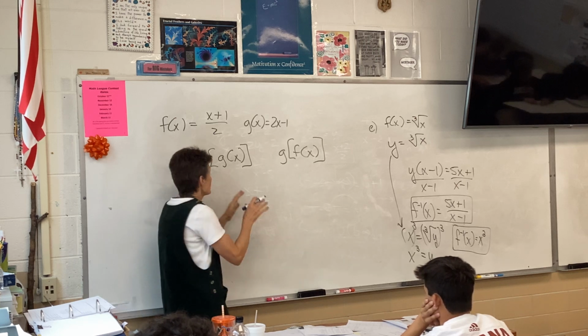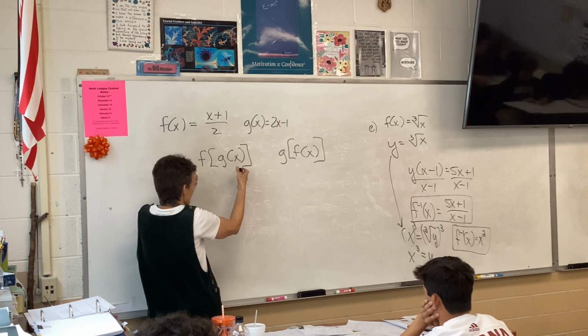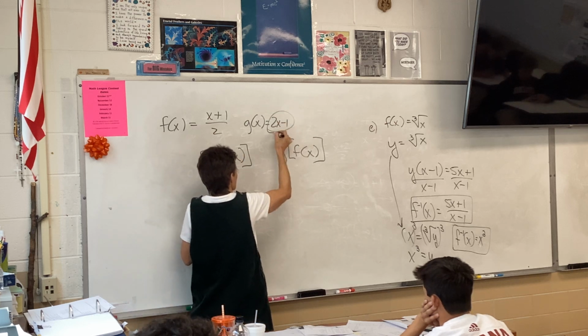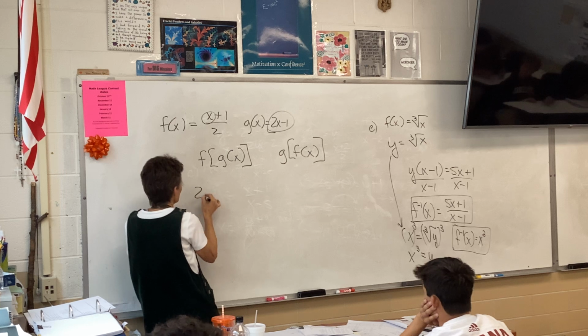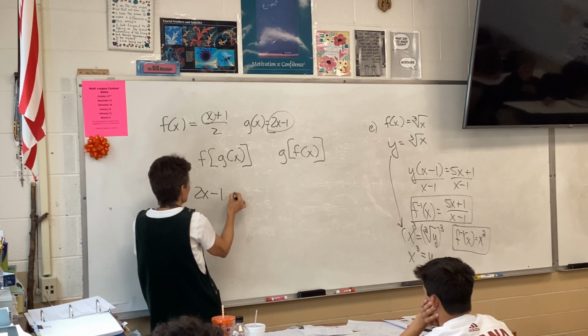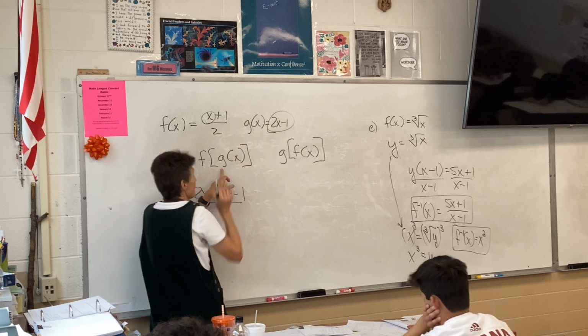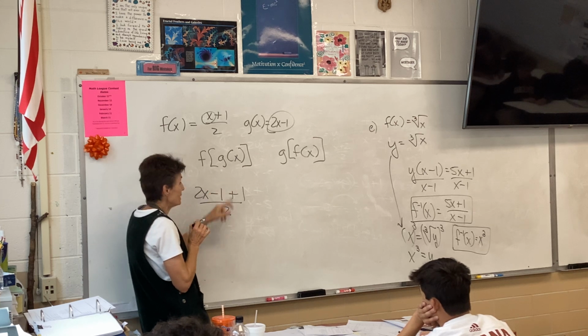Okay? So if these are my two functions, I'm going to evaluate this. So what does this mean? Take G and put it into F. So 2x minus 1 plus 1 over 2. That's what I get if I take my G and plug it in. Correct? Now simplify.